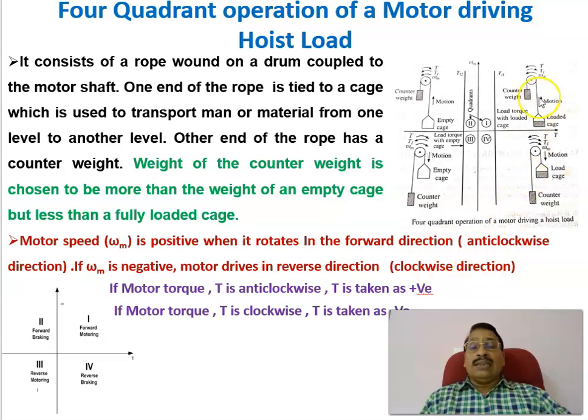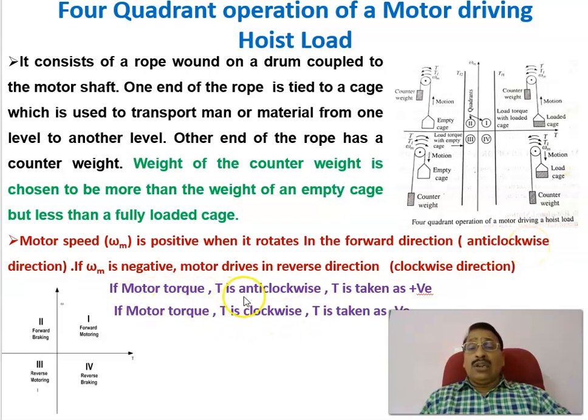Therefore, if it is running clockwise, omega m is negative, and if omega m is positive, the motor runs anti-clockwise.